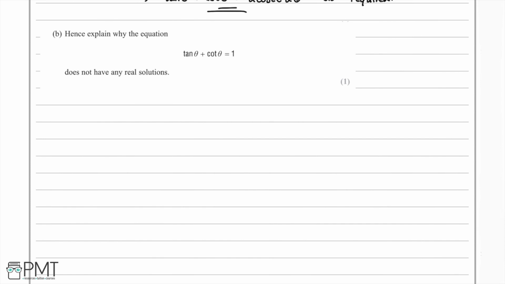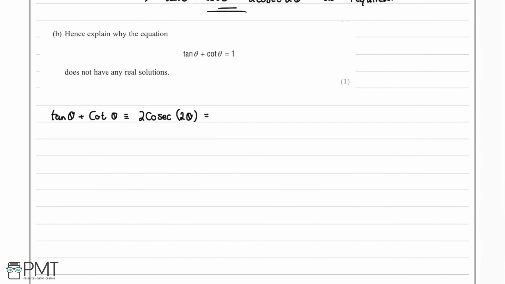We are asked to explain why the equation tan theta plus cot theta equal to 1 does not have any real solutions. So we recall from question 1 that tan theta plus cot theta is going to be equivalent to 2 cosec 2 of theta.